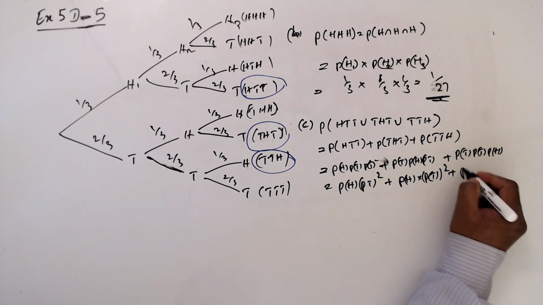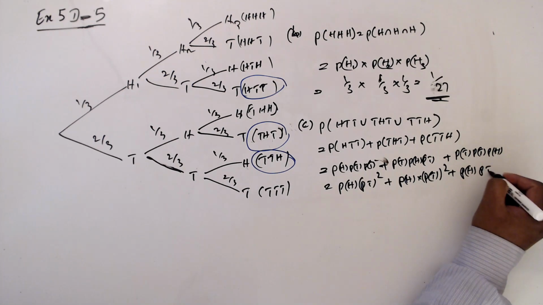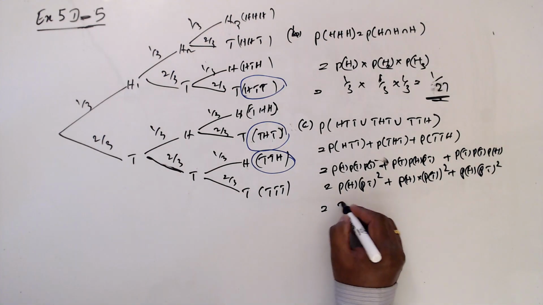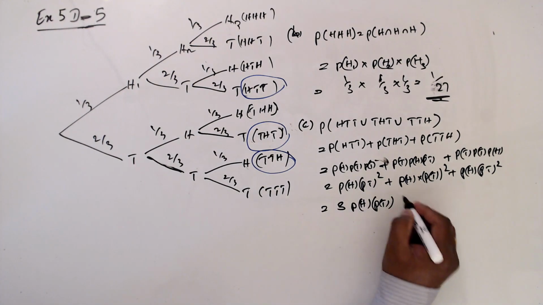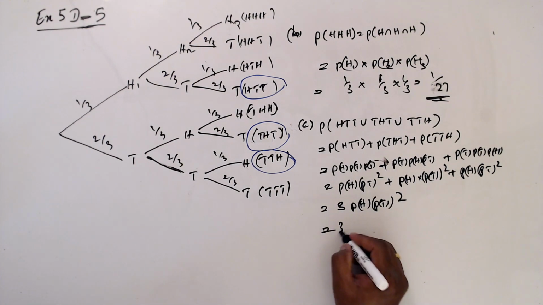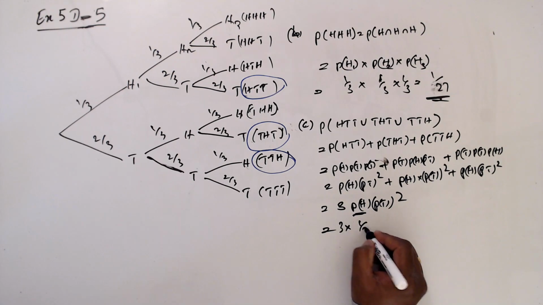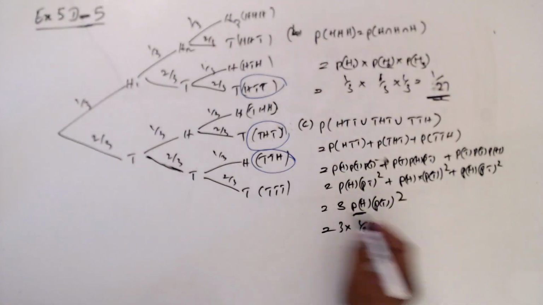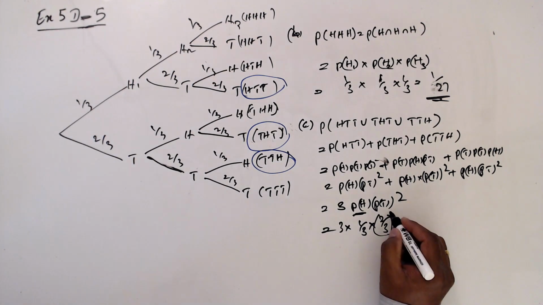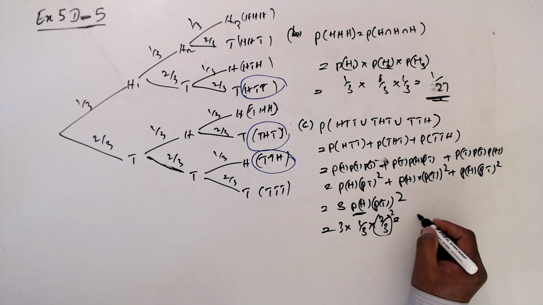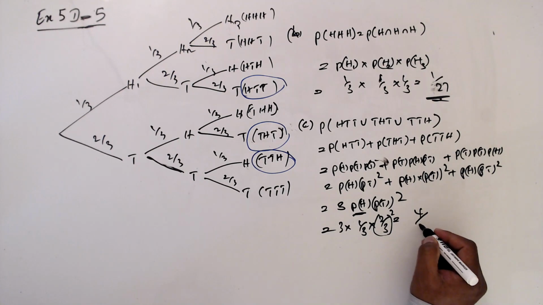Again this is PH times PT square. It means 3 times PH PT square. Then PH is 1/3, PT is 2/3. So this is 3 times 1/3 times 2/3 square. So this is going to be 4/9.